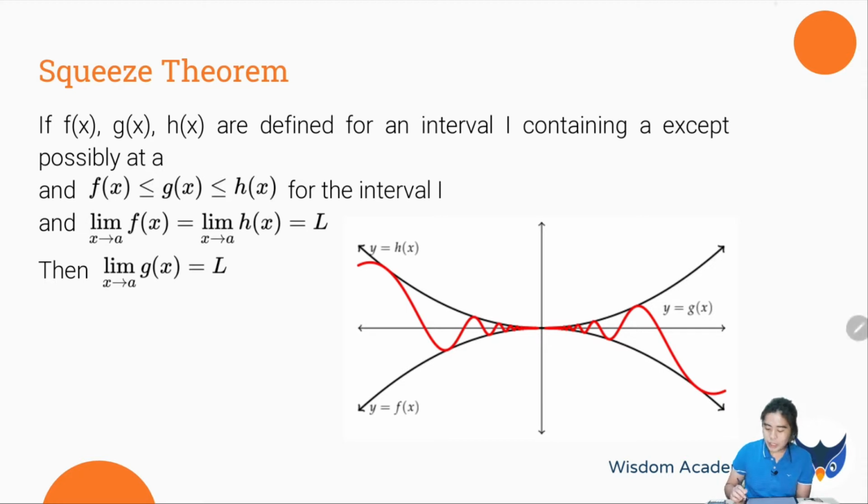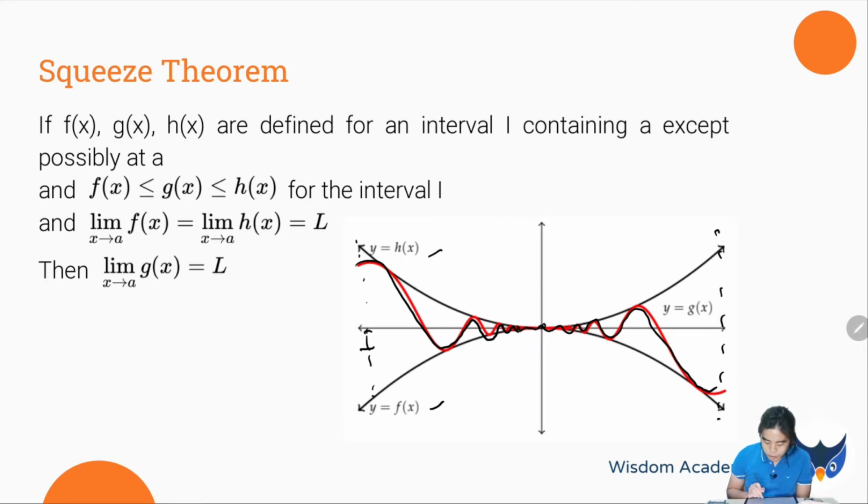So, ang ibig sabihin lang niyan, kung meron tayong function na for an interval, for example, this is the interval I. If meron tayong function na between dalawa pang functions na h of x and f of x, let's say g of x yung function na yun.